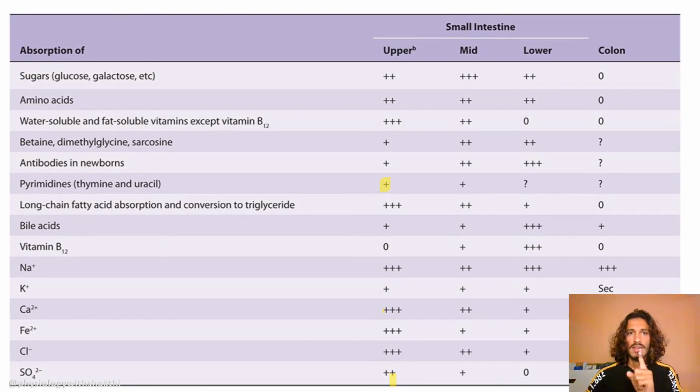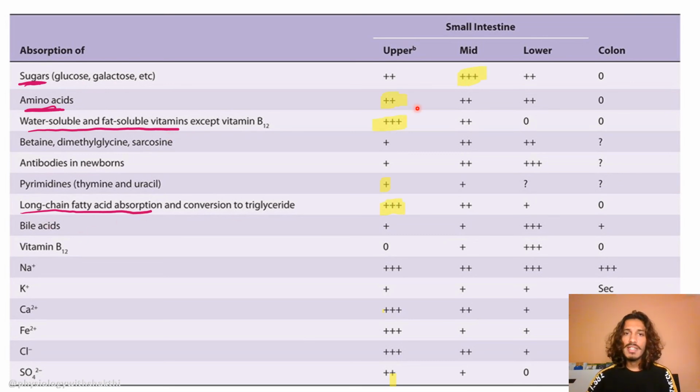Take a look at this. Sugar, amino acid, water soluble and fat soluble vitamins, long chain fatty acids, and all the ions are predominantly in the upper parts.